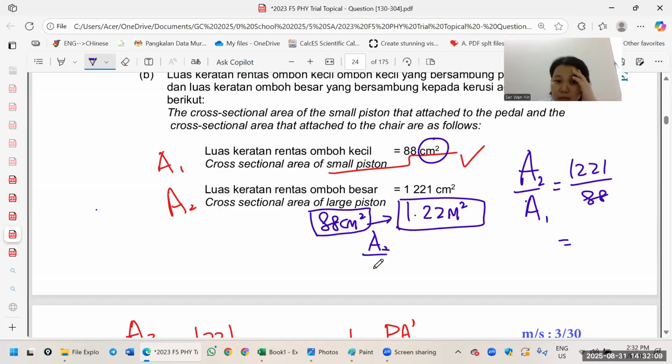How are you going to do? 1.22 m squared divided by 88 times what? m squared times 10 powers of how much?